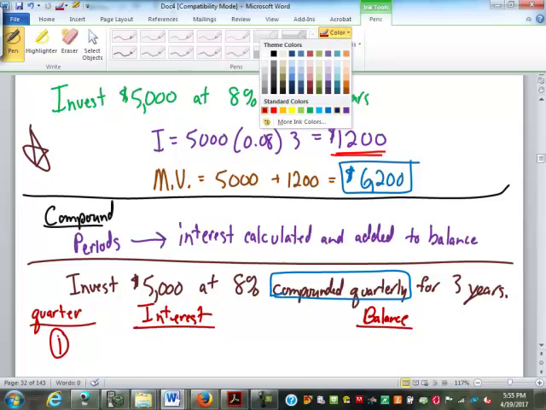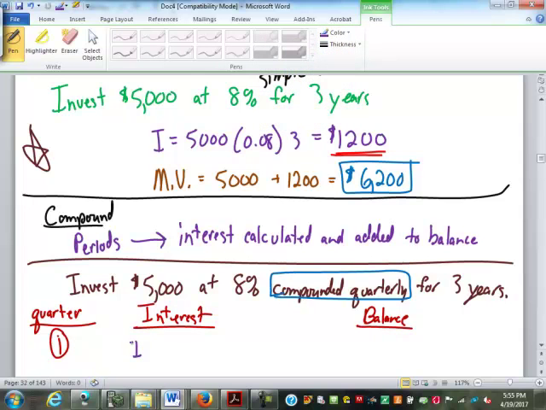For the first quarter, our interest is 5,000 times 0.08 times 1/4 of a year, which is $100. So we add that to the 5,000, we get a balance of 5,100.